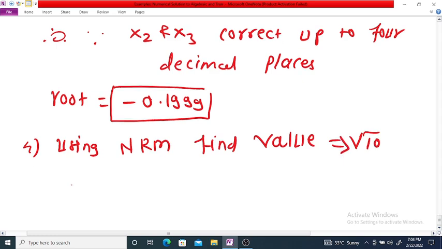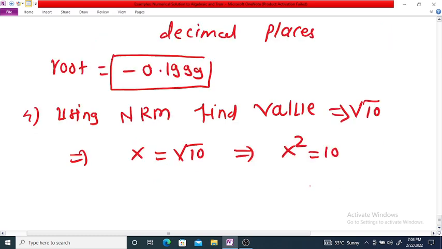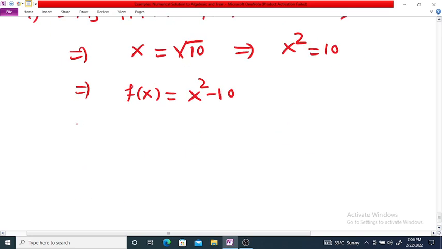Now we assume the value of under root 10 is equal to x. So this implies x square is equal to 10, and this implies f of x is equal to x square minus 10. So this implies f dash x is equal to twice x.